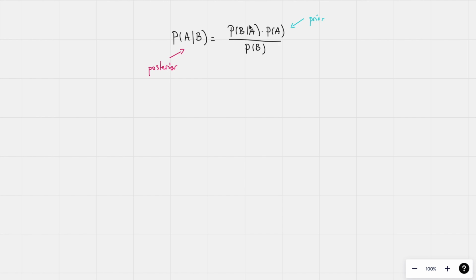The other terms of this formula are quite important as well. They say that to do this, you need to be able to compute the probability that B would happen if A is indeed the case. And critically, you need to compute the overall probability of B. What is the chance that B would occur irrespective of the event A?